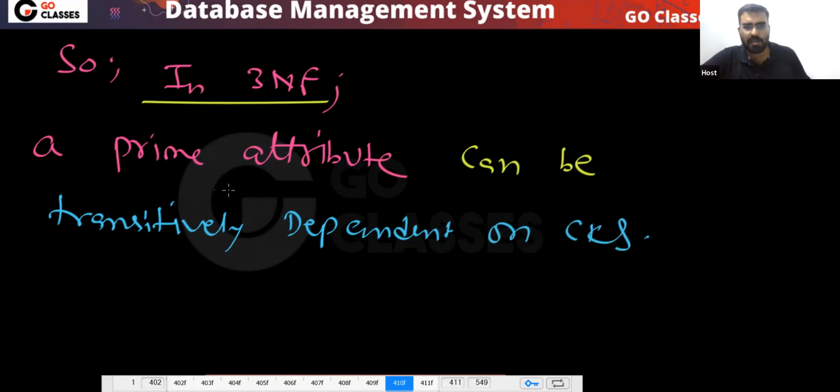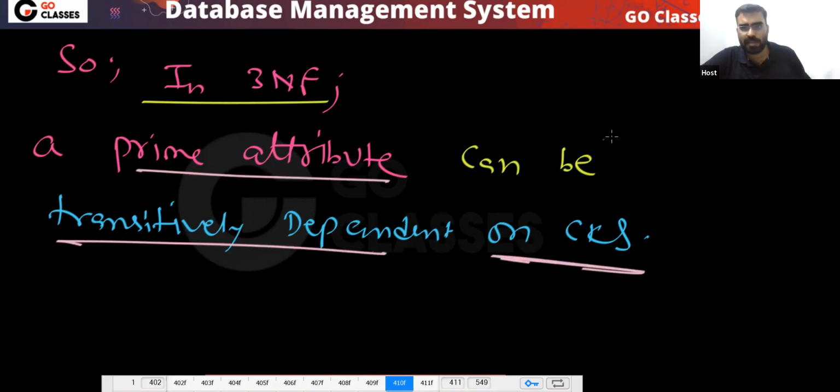Is this clear? We don't care about prime attributes. It can be.